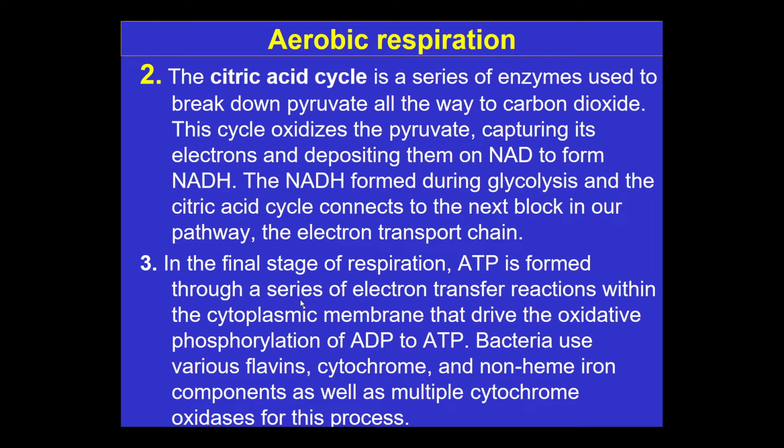Here ATP is formed through a series of electron transfer reactions within the cytoplasmic membrane that drive the oxidative phosphorylation of ADP to ATP. Bacteria use various flavins, cytochromes, and non-heme iron components as well as multiple cytochrome oxidases for this process.